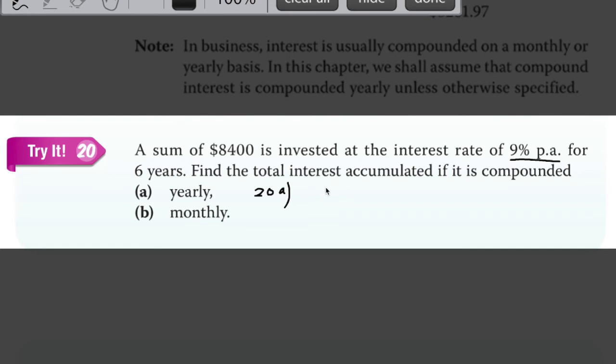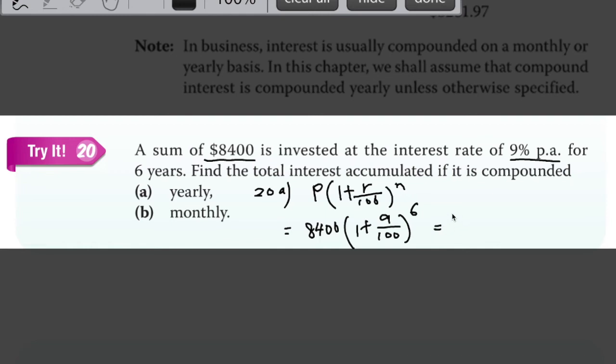So you have just now the formula. Remember? You have the principal amount, which is 8,400 at the beginning. Your interest rate is 9%, so it's 9 over 100 to the power of 6 years. If you key this in your calculator, you will have the total amount.